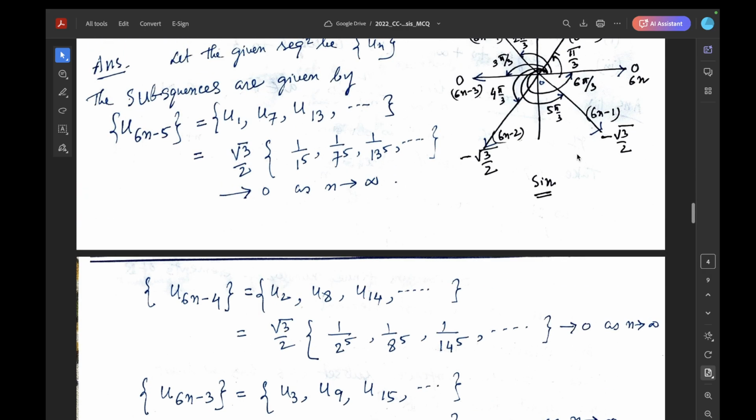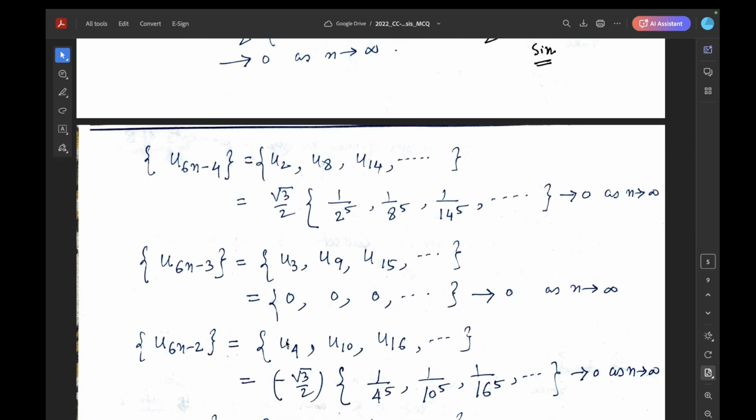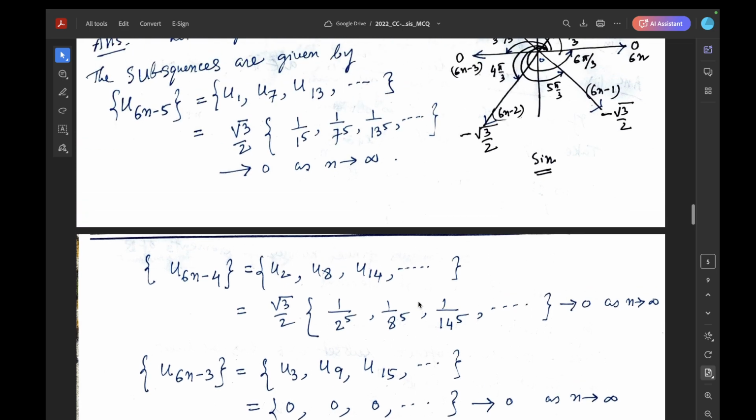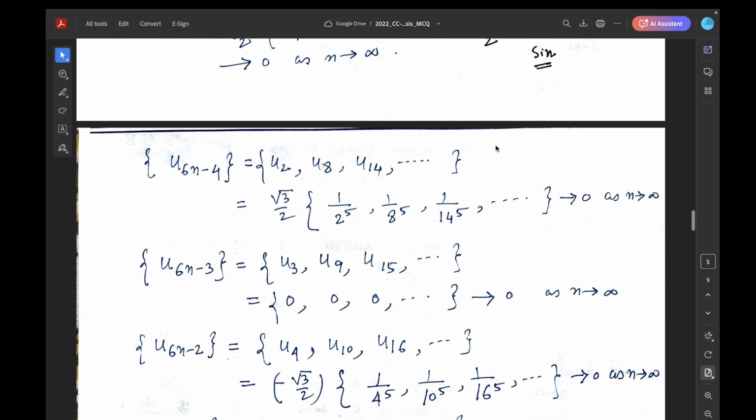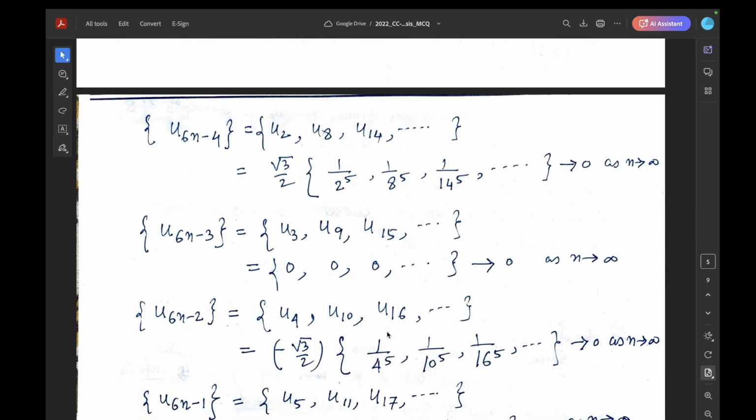Next subsequence u6n minus 2, that is u4, u10, u16 and so on. The value of sine n pi by 3 is minus root 3 by 2. So we get 1 by 4 to the power 5, 1 by 10 to the power 5, 1 by 16 to the power 5, which tends to 0 as n tends to infinity.